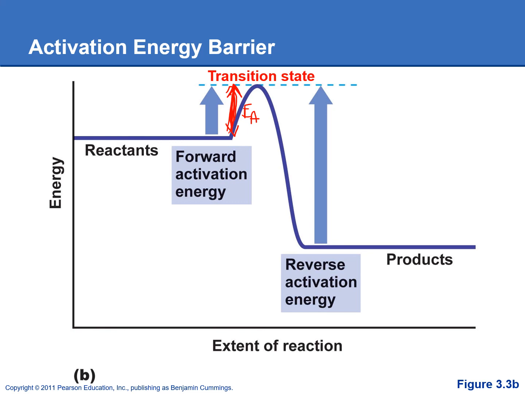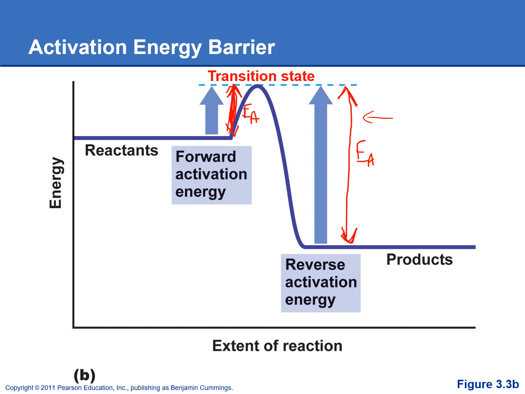But what if we were doing the reverse reaction? What if we started over here on the right and we want to go to the left? Well, look how big your activation energy is over here. You have to put in from down here all the way up to the very top there, and that would be your activation energy if you were going that reverse direction.